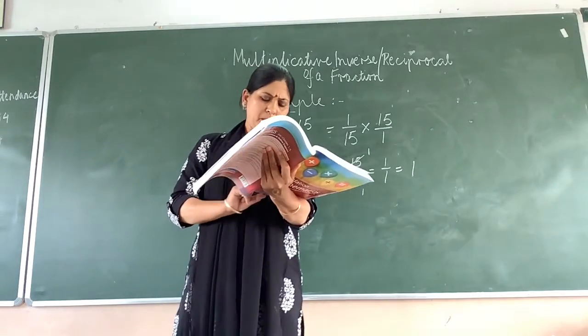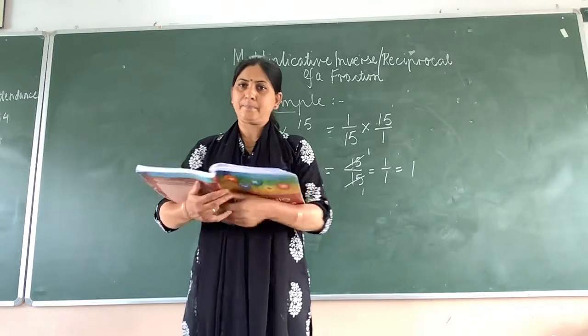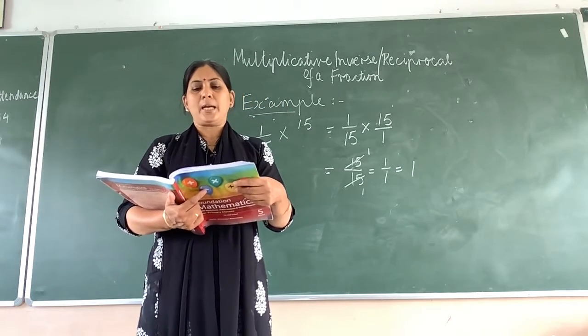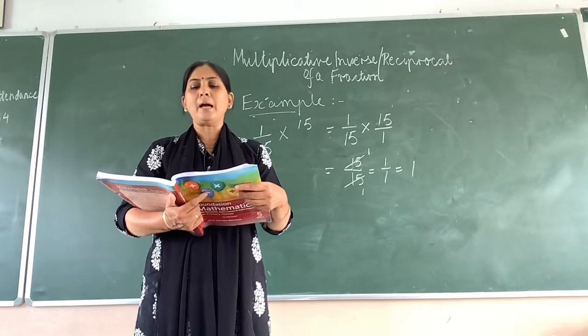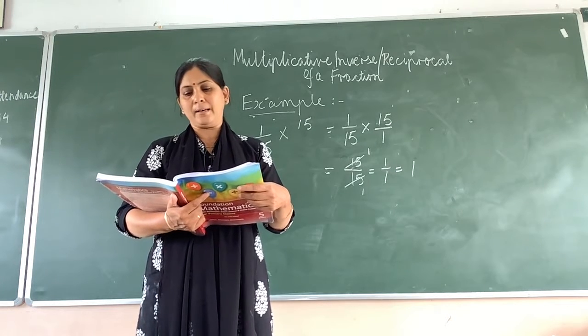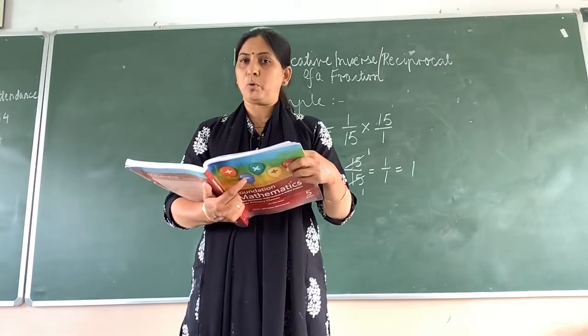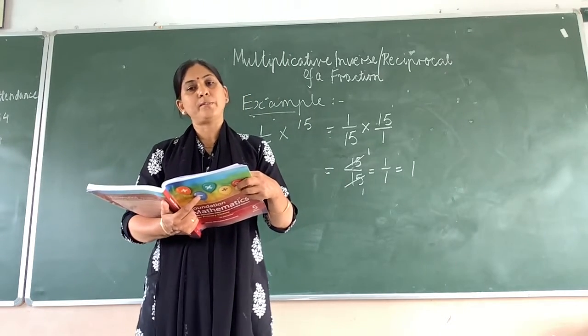Now turn your book to page number 68. Let's read. We see that in each case the product of a whole number and a fractional number is 1. We call each of them the multiplicative inverse or reciprocal of the other.